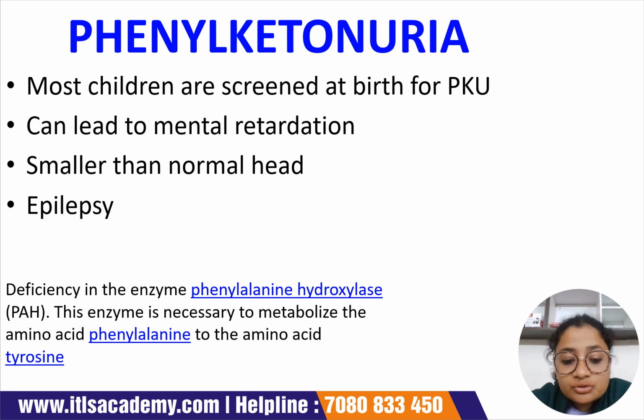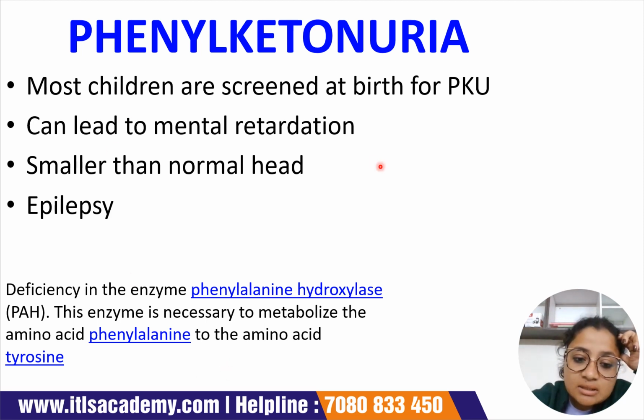Why? Due to the deficiency of the enzyme phenylalanine hydroxylase. This enzyme is necessary to metabolize the amino acid phenylalanine to the amino acid tyrosine. If this enzyme is deficient, then obviously phenylalanine will not be able to be converted into tyrosine, and hence this phenylalanine will go on getting deposited inside the body.